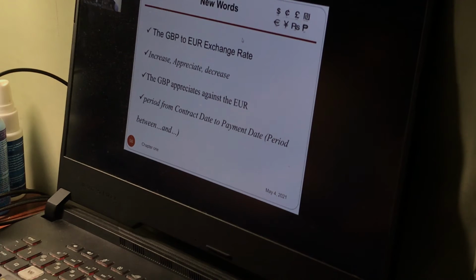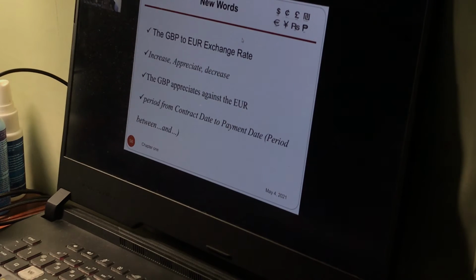For example, you say GBP to euro exchange rate, in Vietnamese, tỷ giá giữa đồng bảng Anh và đồng euro. You can say the GBP to euro exchange rate.